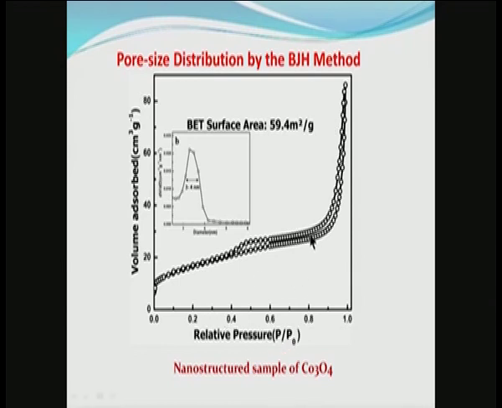In these structures there is a significant amount of porosity. The surface area is also large, about 60 meter square per gram, and the pore diameters are pretty small, 3 to 4 nanometers. So, this is mesoporous technically speaking, but approaching microporous nature, with very fine pores in this particular sample of cobalt oxide.